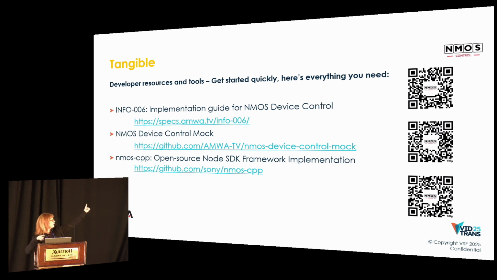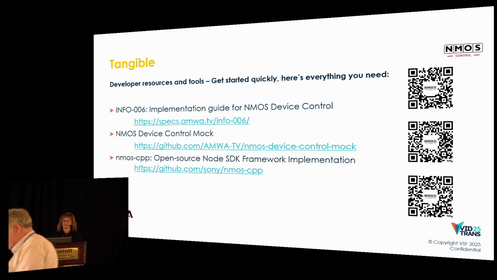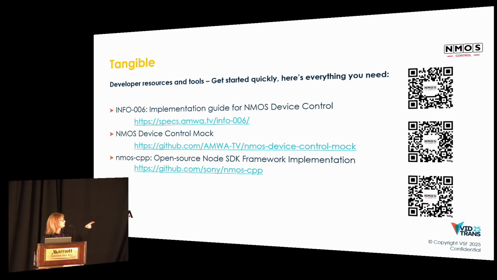So the QR code on the top will take you right to that if you feel like it. And then we also have the NMOS device control mock, and it's an open source Node.js mock application which offers full MS-05, IS-12 implementation in TypeScript. So the second QR is for that. These are great places to get started if you want to jump in.